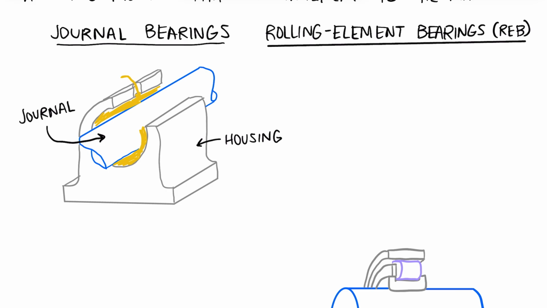So the main important thing for journal bearings is maintaining that lubricant, making sure that you don't get any debris in there because that might cause damage to the journal and/or the housing, which obviously is not something that we want.